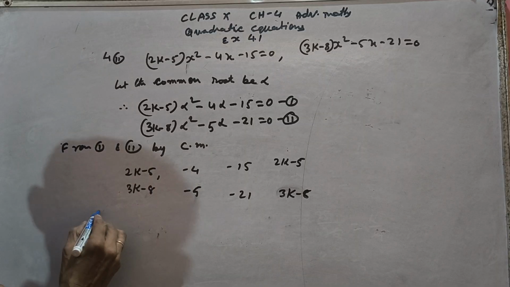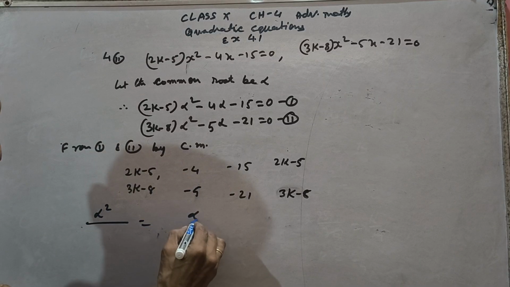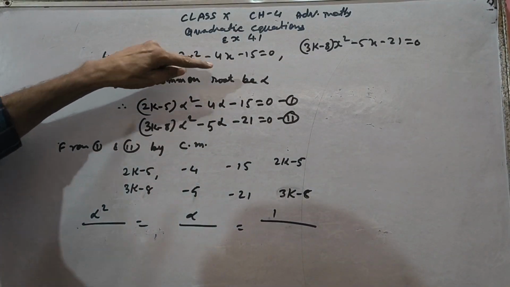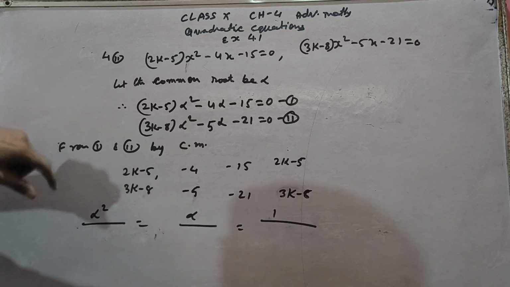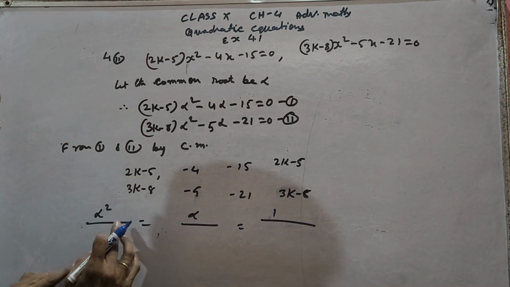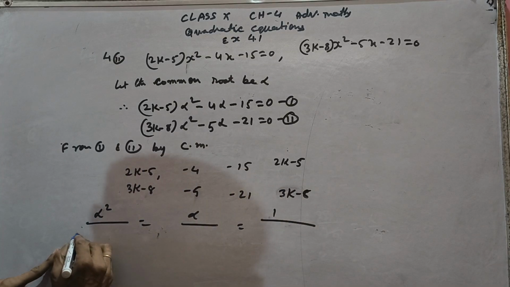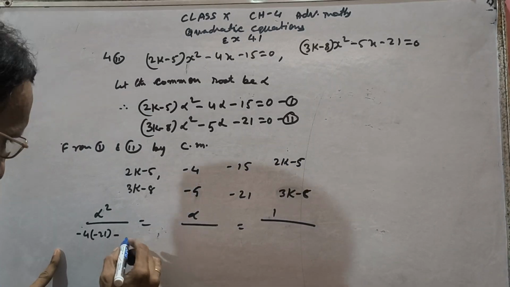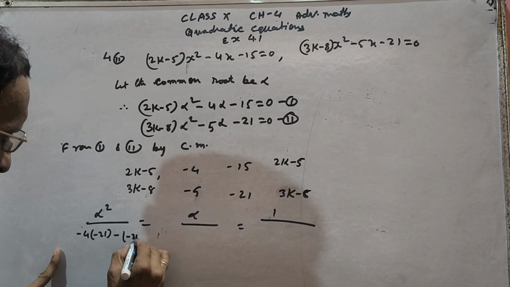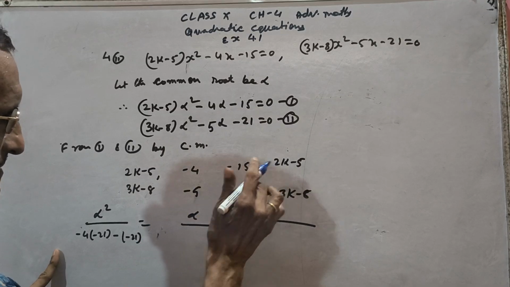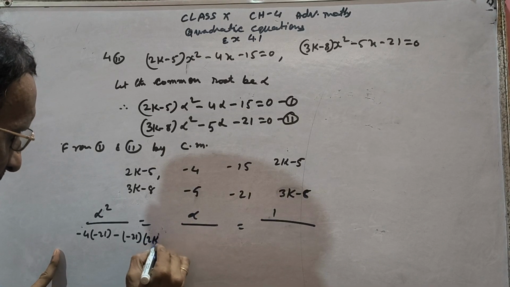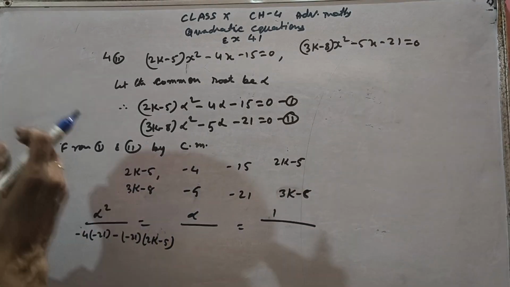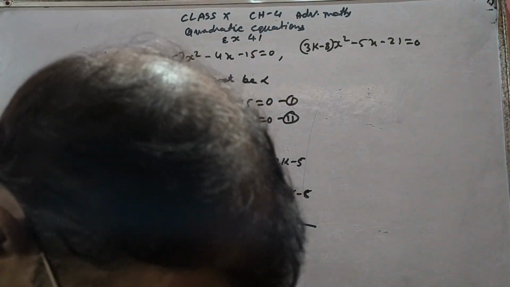Now, as in class 8, x by y by z by. Here you will find alpha square by, equal to alpha by, equal to 1 by. For x, alpha square. For y, alpha. For z, 1.